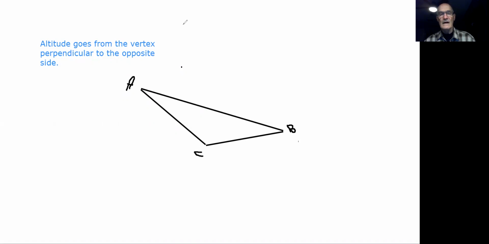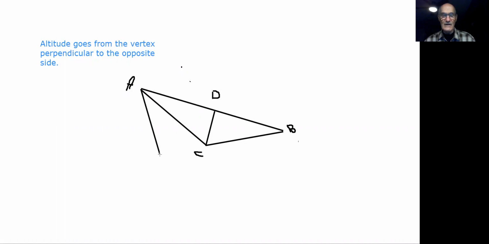So if I draw the altitude from C here, perpendicular to the opposite side, it goes about like that. That looks to be perpendicular. So that would be point D. Now, notice here that if I draw an altitude from A here, I can't go perpendicular to the opposite side and be inside the triangle, right?